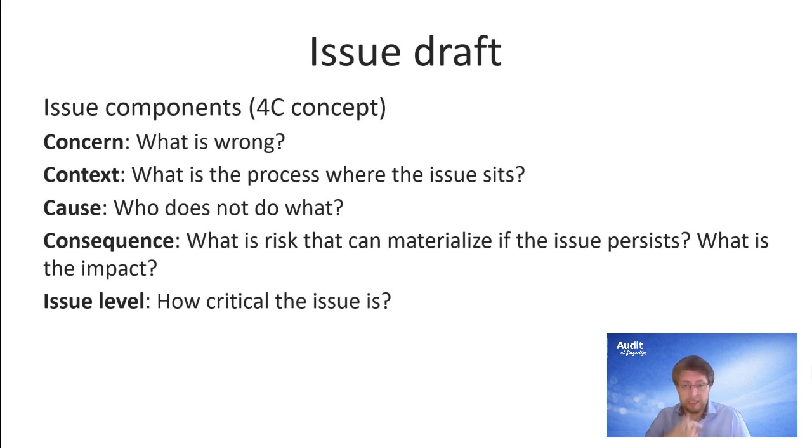What was the systemic cause, the root cause which led to the observation that the audit made? And consequences, that's the risk and that's the impact. Probably we can describe the impact in the context section as well. And the level is about giving the audit view on how critical the issue is.